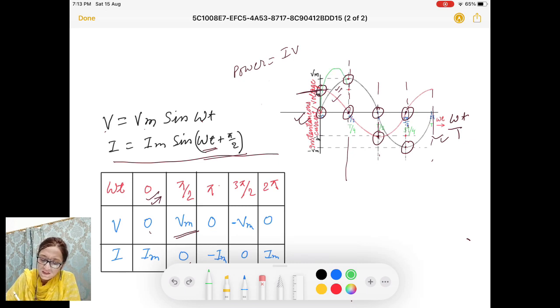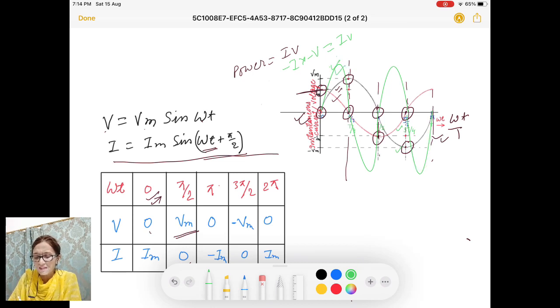I am drawing all these with green color. Here power is positive. Here plus and minus makes power negative. In the third quarter, current is negative, minus I into minus V, because both are in the negative direction, so power becomes positive. And finally in the fourth quarter, the minus of voltage and plus of current makes the power negative.